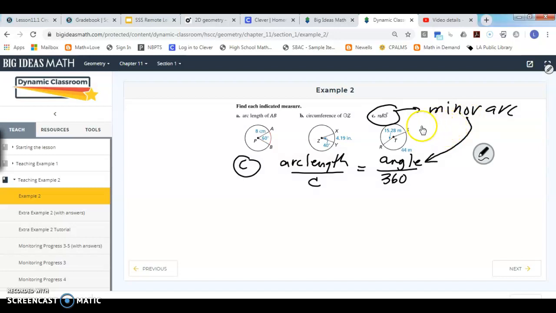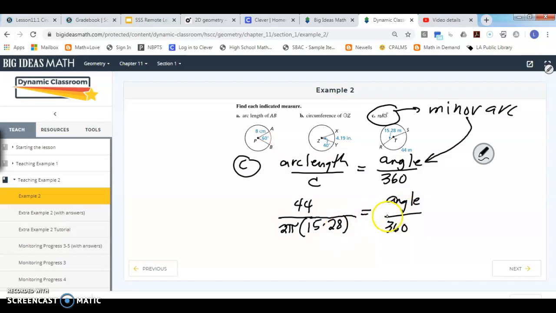So, in order to find the minor arc, all we need to do is find the central angle. Our arc length here is 44 meters. So 44 over the circumference, which is 2 pi times your radius, 15.28. There you go. Is equal to the angle, which is the same as the arc that we're looking for, over 360.